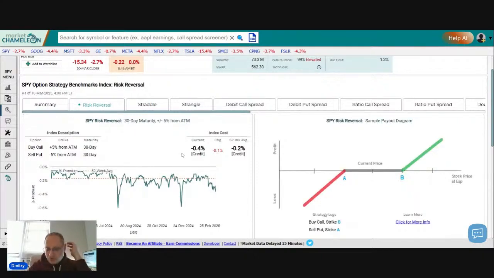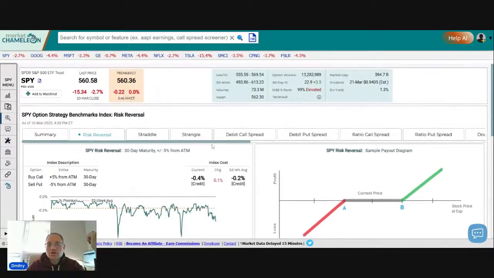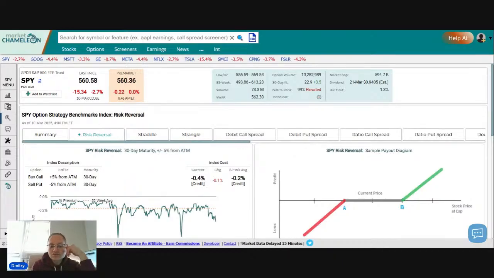And let's first cover what is a risk reversal strategy. And then we will look at the cost of it, the benchmark, and compare that to historical values, make some other comparisons. So when we look at an option risk reversal, it involves two different options on the same expiration. One is an upside call and one is a downside put.